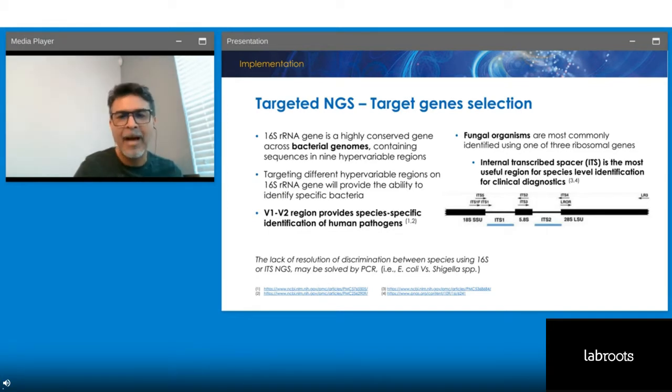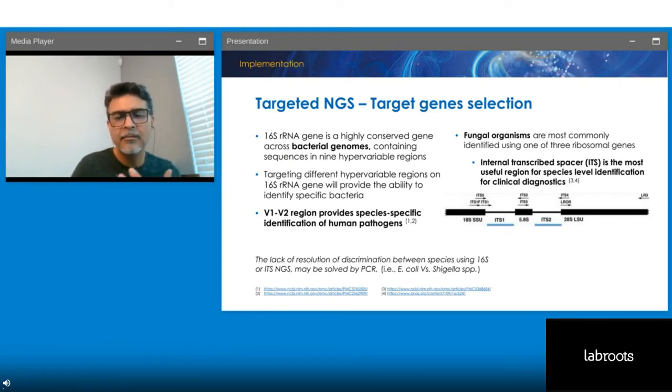One of the advantages of targeting genes is that it allows us to target this gene with a specific set of primers and amplify the products by PCR, and that can increase the amount of sequence from microbial DNA when we compare it with the host DNA. When we run sequencing directly on a patient sample, we have a lot of DNA from the host, and this DNA becomes an interference during the process.